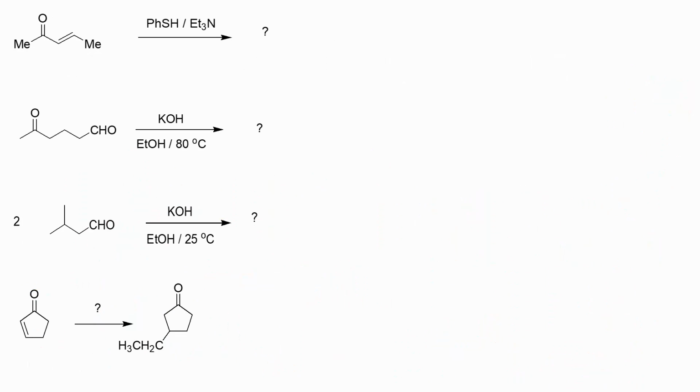Okay, let's do these. All right, what's happening here? This is an alpha-beta unsaturated ketone. And again, we're starting with a blank page. You can do these. If you're not in the class, just print it out and try to do them yourself before restarting the video.